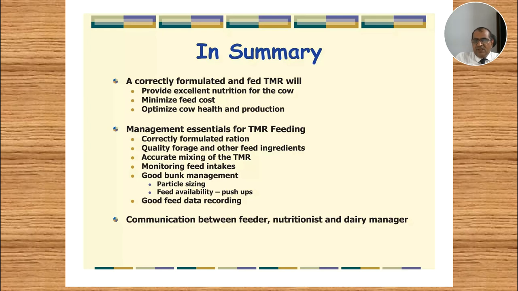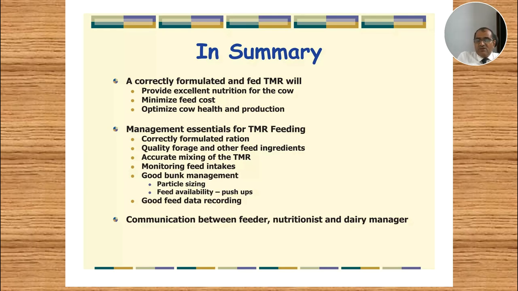Then in summary, the total mixed ration is correctly formulated and fed as a TMR. As the name indicates, it is a ration which is given to get the highest quantity of milk production. Another thing is to minimize feed cost, and optimize cow health and also production.